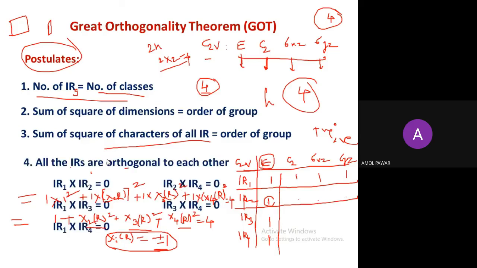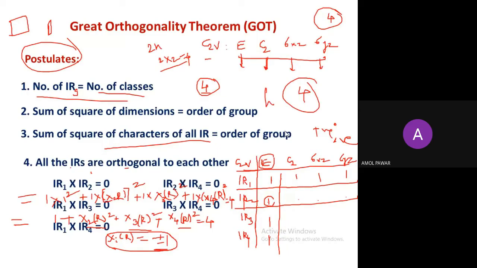the next rule is all the irreducible representations are orthogonal to each other. See, all the irreducible representations are orthogonal to each other. So what is the meaning of orthogonal?